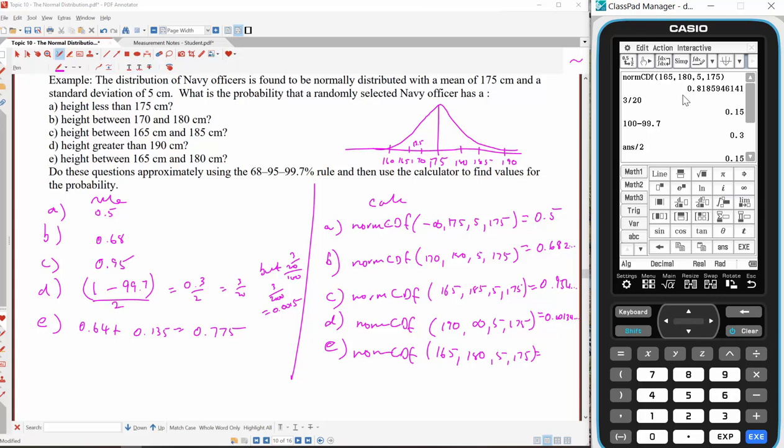It's 13.5. There's my mistake. All right, so I said 0.64, it's 0.68, because it's the 68, 95, 99.7 rule. So good one, Mr. Miller. So let's just tweak that to be 68. That's better.